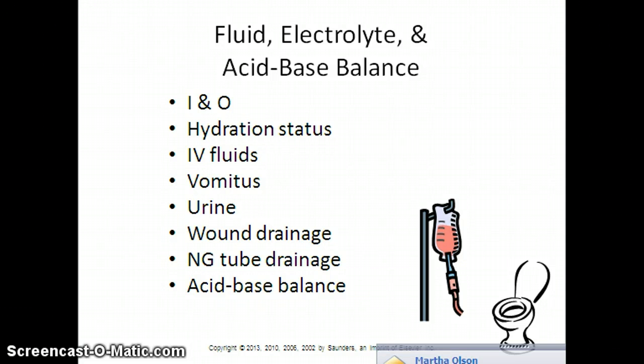We want to be watching sodium, potassium, chloride, and calcium imbalances. With intake and output, that is part of the operative period and is typically reported by the circulating nurse who is taking care of the patient in the PACU. We want to include IV fluids, vomiting, urine, wound drainage.